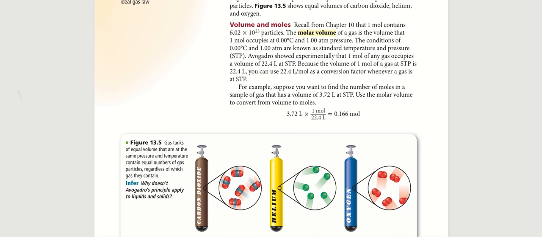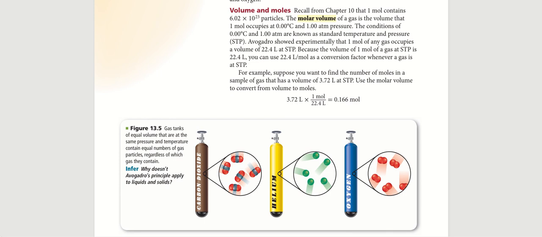And molar volume says that there is a certain volume that a gas fills under a certain temperature, which is 0 degrees Celsius, and 1 atmosphere pressure, and this is what we call standard temperature and pressure: 0 degrees Celsius and 1 atmosphere pressure. This is called standard temperature and pressure.